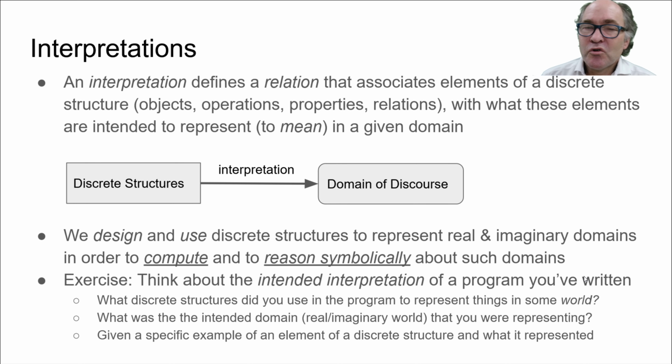Okay, so as computer scientists, and as software designers, and as logicians and mathematicians, we design and then use discrete structures and other kinds of mathematical structures in general to represent and reason about logically and often mechanically, which is to say via automation, to represent and to compute and reason about real and imaginary domains.